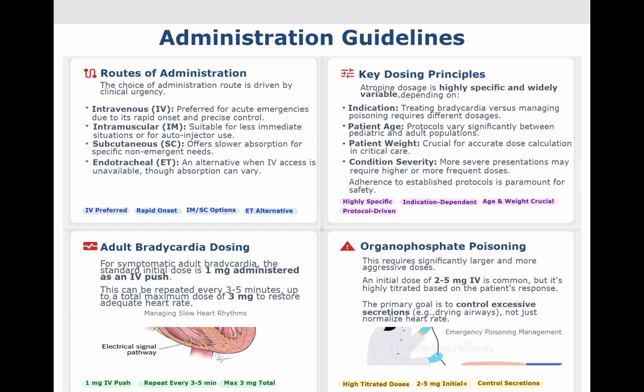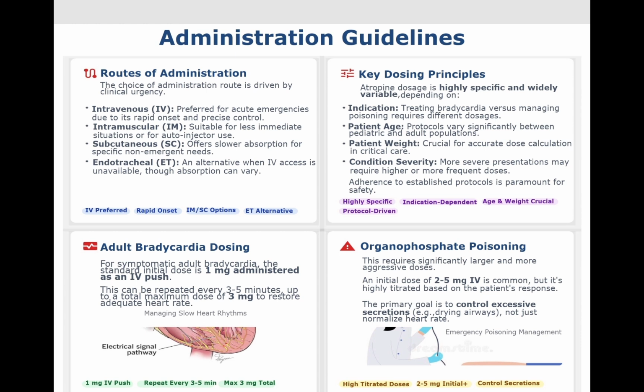Initial doses typically range from 2 to 5 milligrams intravenously, and these doses are doubled every 3 to 5 minutes until the primary endpoints are achieved, which include clear lung fields, drying of secretions, and resolution of bronchospasm.